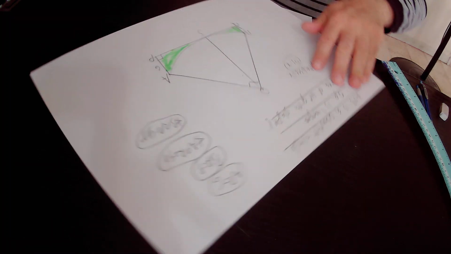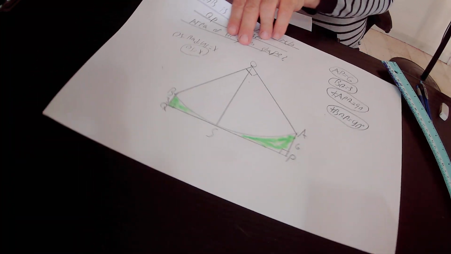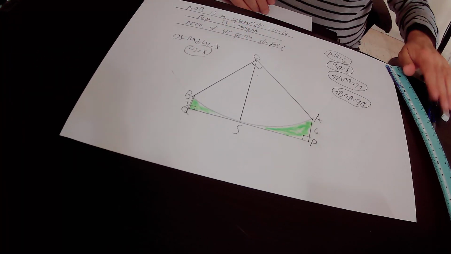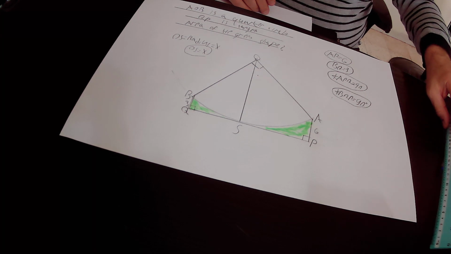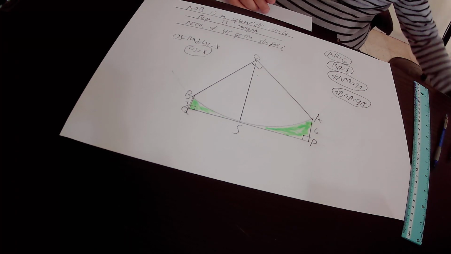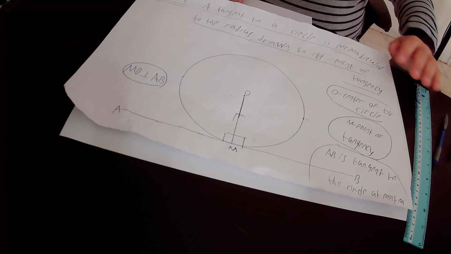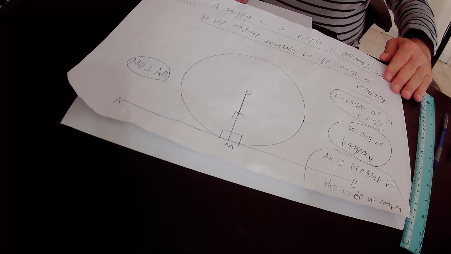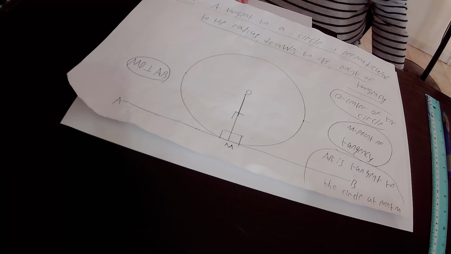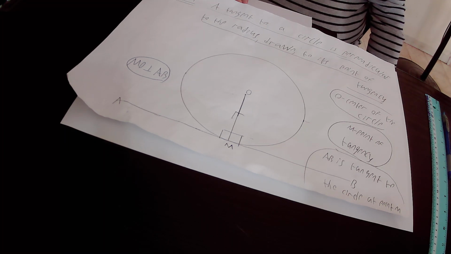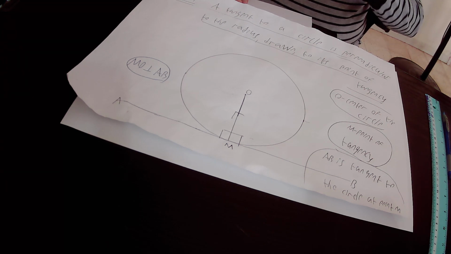Here you can implement rule 1. According to rule 1, a tangent to a circle is perpendicular to the radius drawn to its point of tangency.